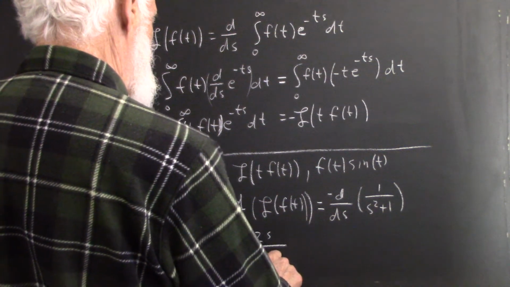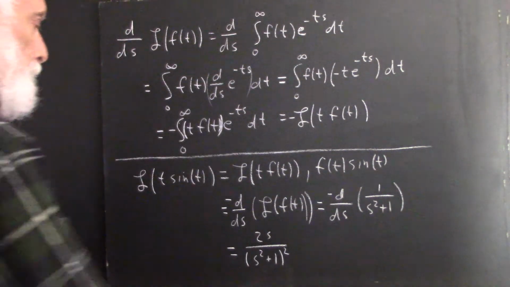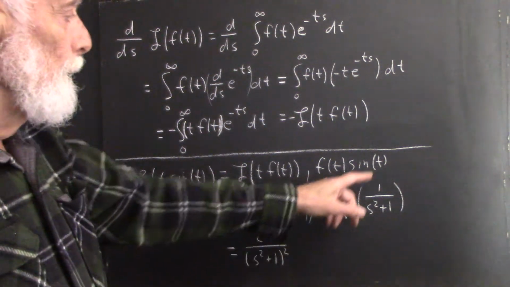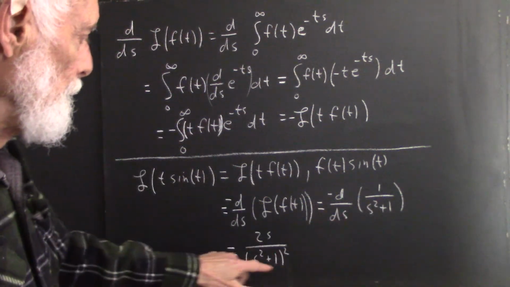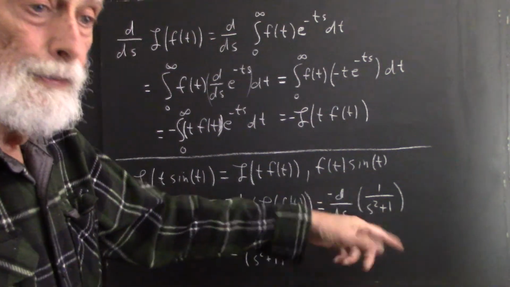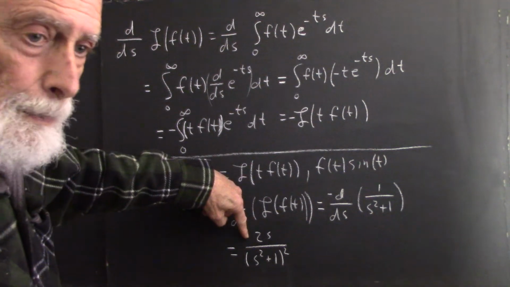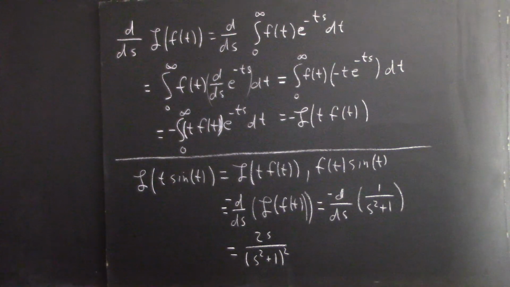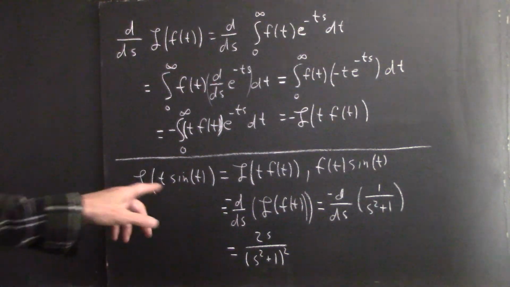And your derivative of the reciprocal function is the negative square of the reciprocal function. Whether you use that or the quotient rule, it's easy to see the derivative of this is this, except, of course, the derivative of this thing is the negative of what I have here. Since we have a negative out here, though, we end up with a positive. So there it is, the Laplace transform of t sine of t.